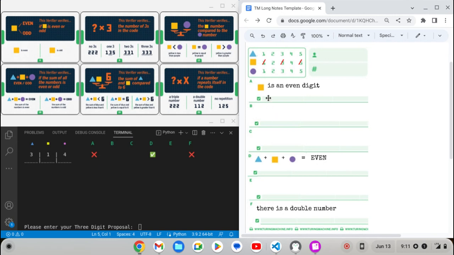But at the same time, triangle and circle could also be even, right? If you add up three evens, it's even. So basically, triangle and circle have to be the same type of number. Not sure how that really helps us, but at least it's something to keep in mind going forward.